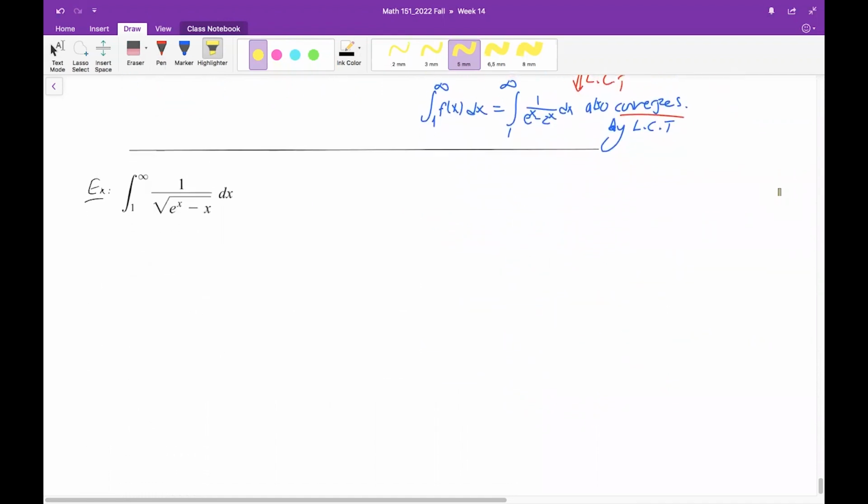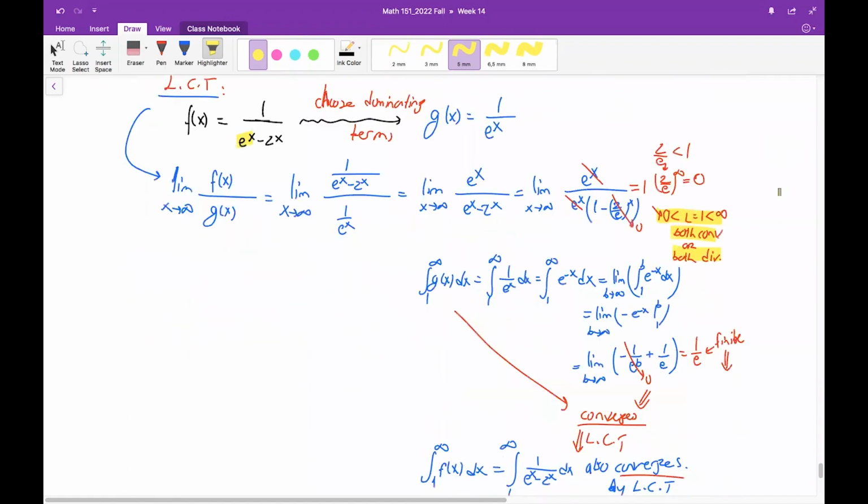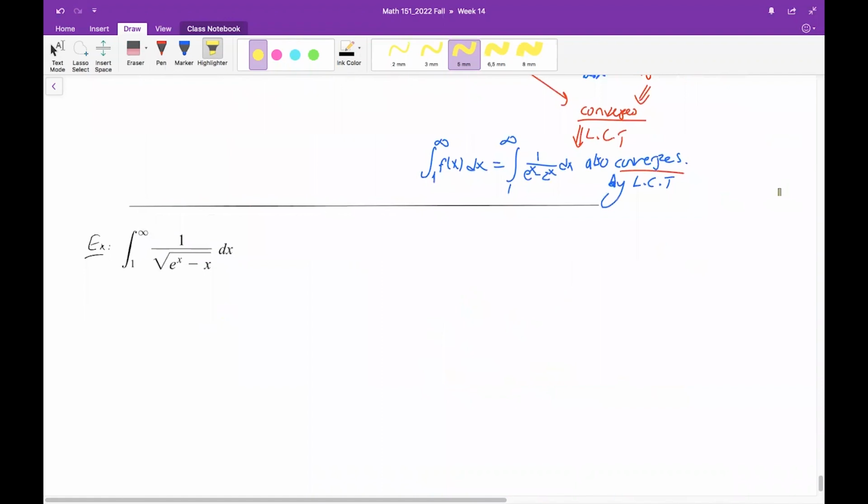Okay, as the last example, we can solve this one, which looks very similar to the previous example. We can quickly handle that. So what is our f of x here? It is this one. And we want to apply a limit comparison test.